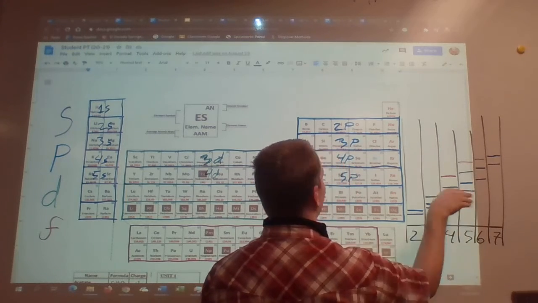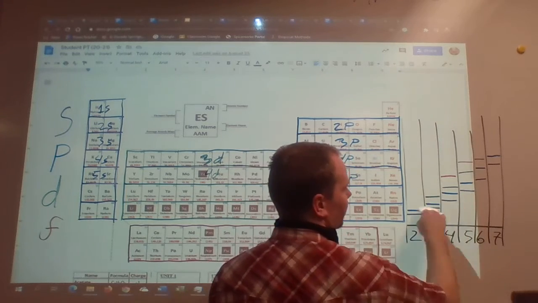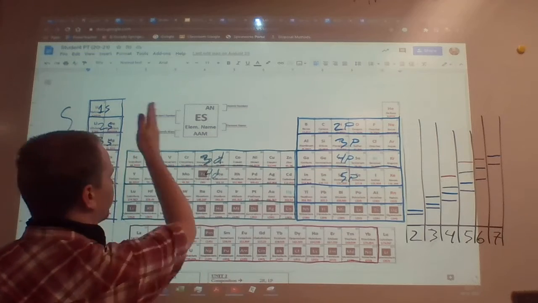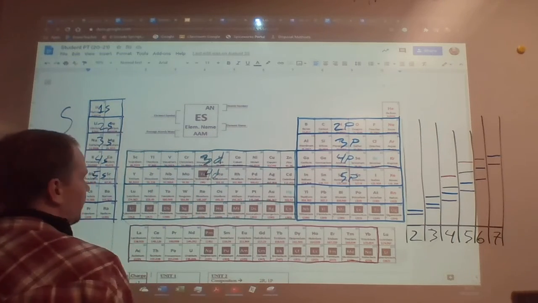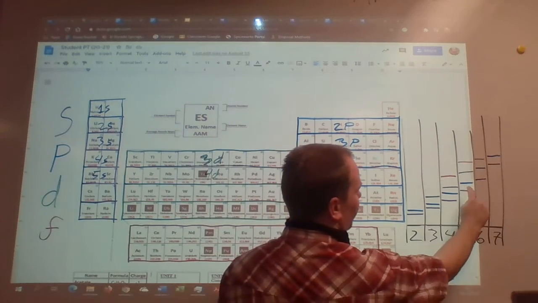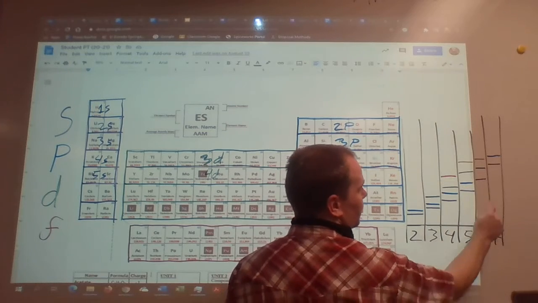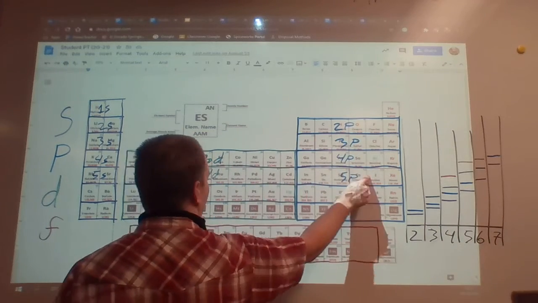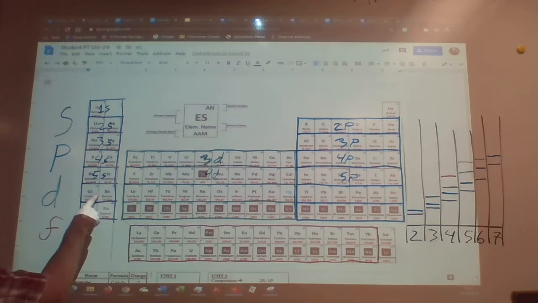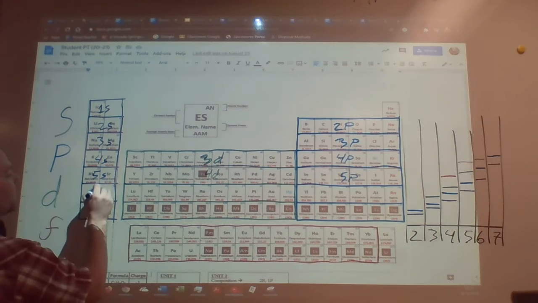As we work our way up, we're bouncing back and forth across this. We're going in order on the periodic table. So after 5p, we're right here. Next, according to this, is 6s.